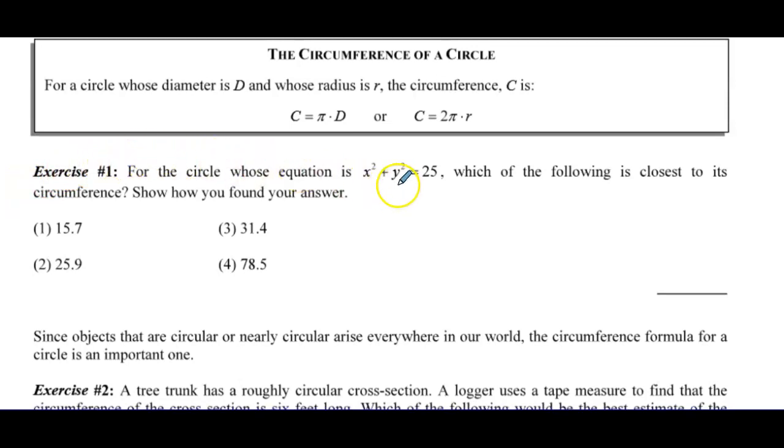First off, for the circle whose equation is x squared plus y squared equals 25, which of the following is closest to its circumference? So what we want to do with this is use the circle equation to establish the radius. What you need to know about that is that a circle that is centered at the origin is going to have a radius that we can determine from the constant term on the right side.